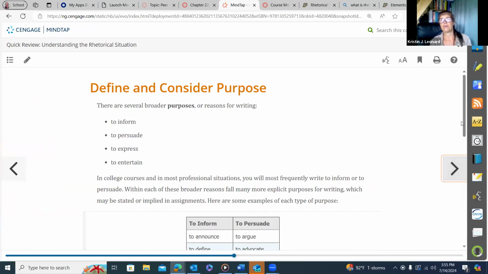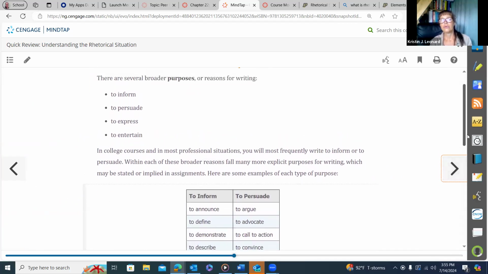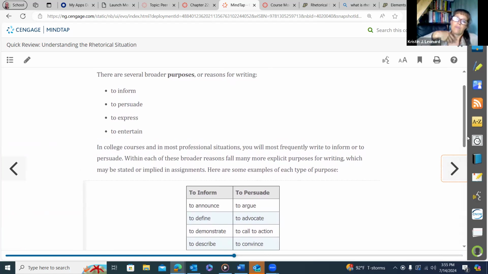Let's go ahead and define the purpose. I'm just going to focus. There are many different broader purposes to write, okay? To inform, to persuade, to express, to entertain. Again, you're going to be focusing on the first two in a college classroom, as well as most professional situations that you will find yourself post-graduation, or even maybe right now.